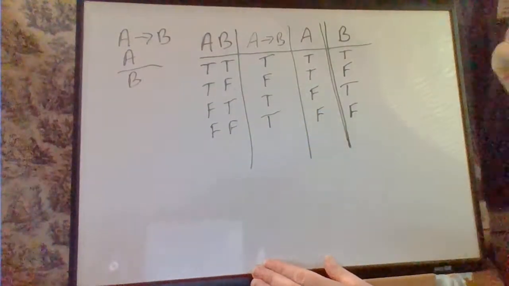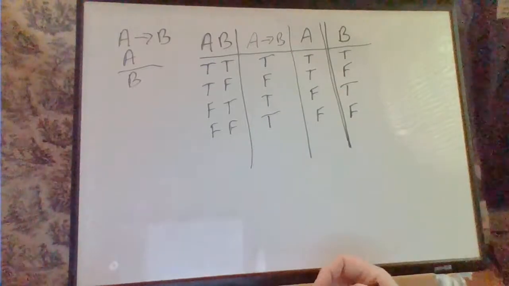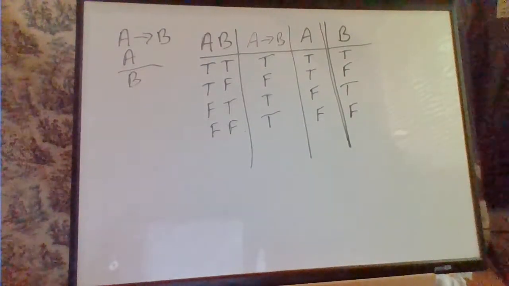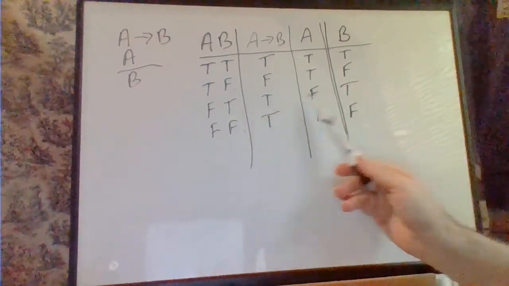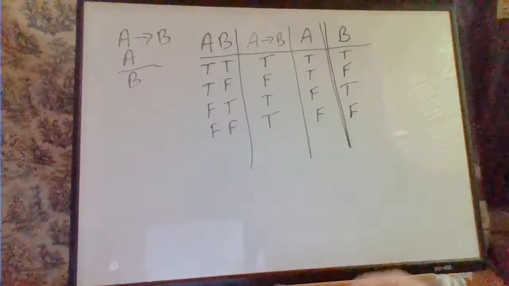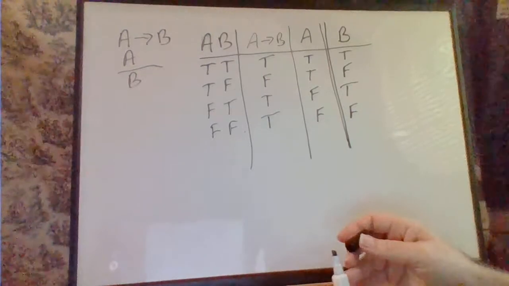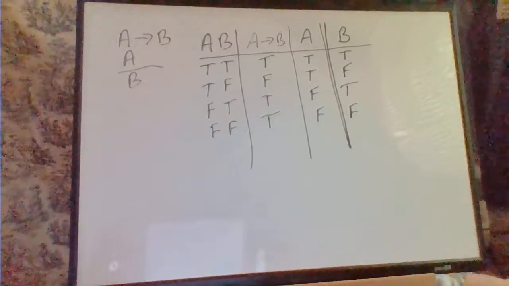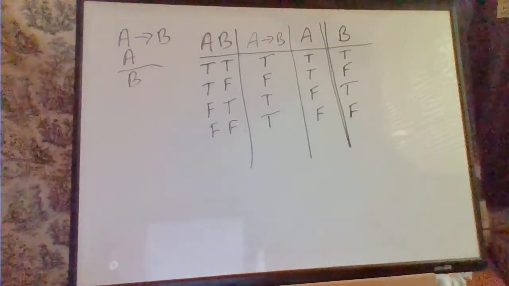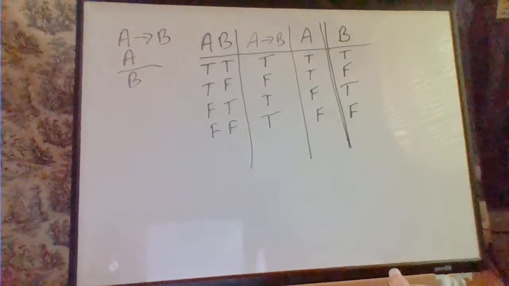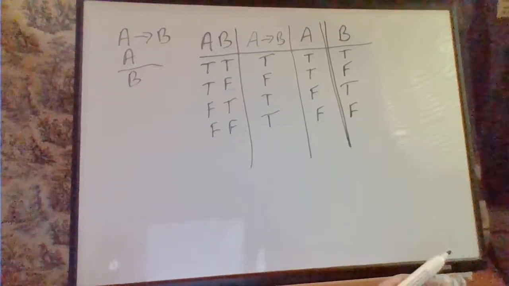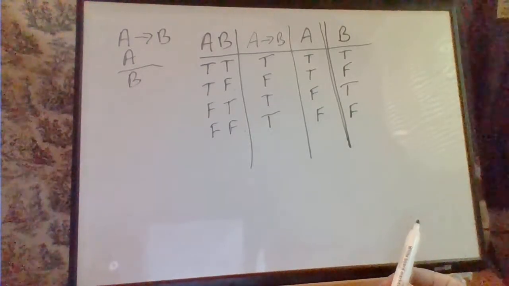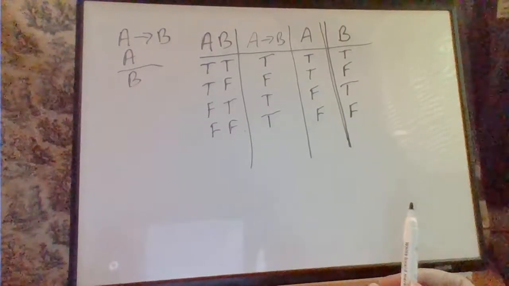Okay, so we have just completed a truth table for that argument. We've shown the situation in every possible scenario. Now we have to decide, is it valid or invalid? Thinking back again to Chapter 2, what is it that makes an argument invalid? Well, if all the premises are true and the conclusion is false, then it's invalid.